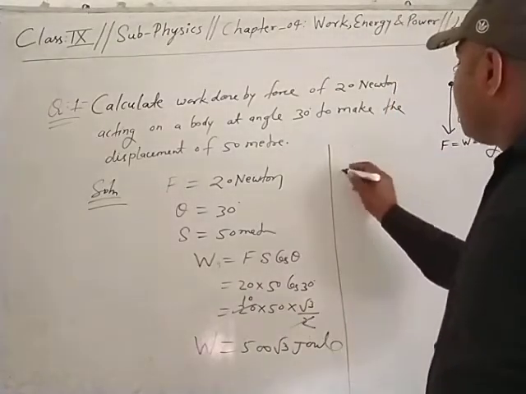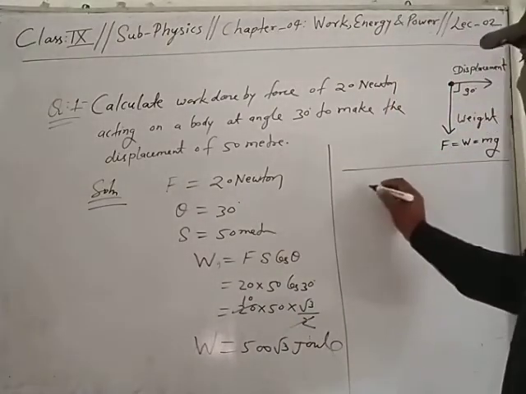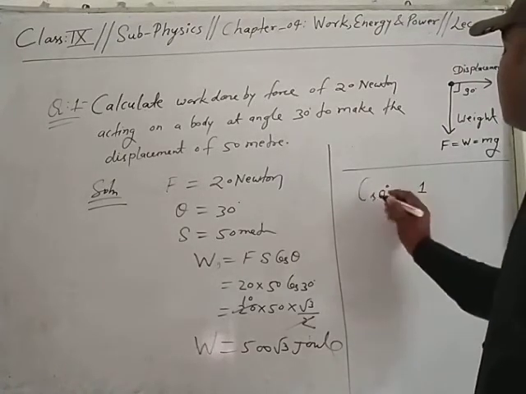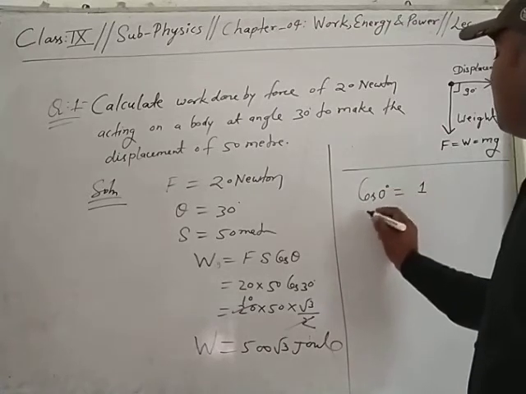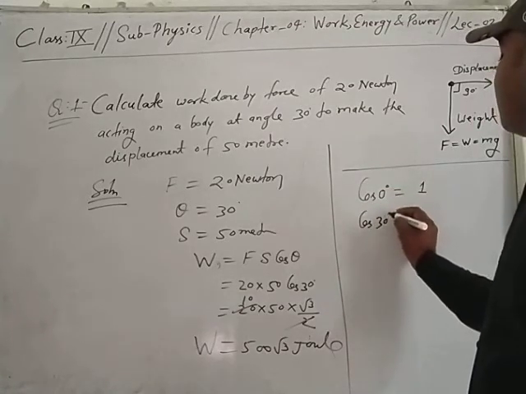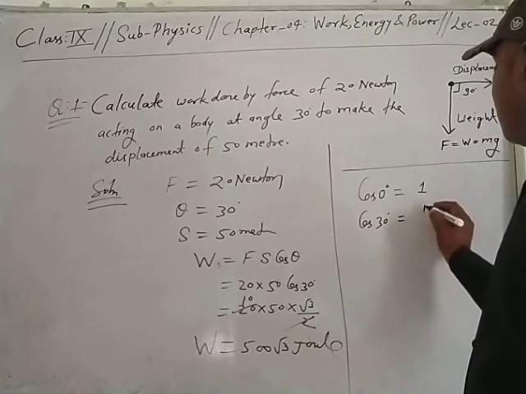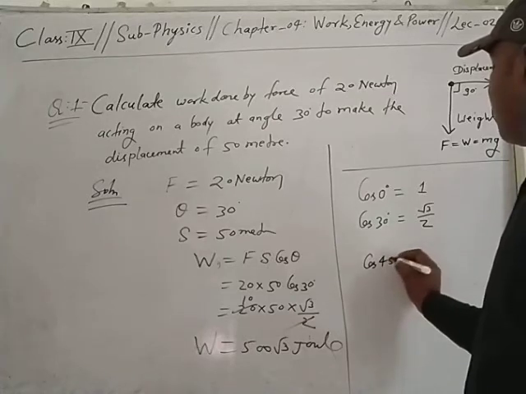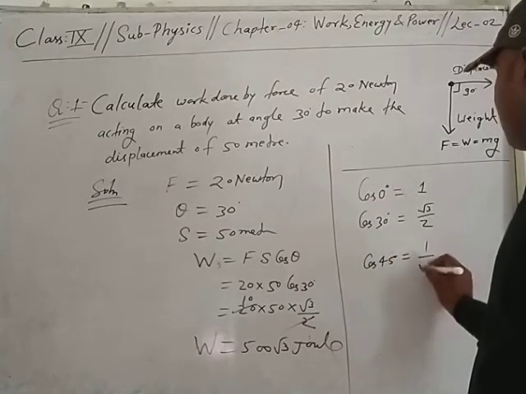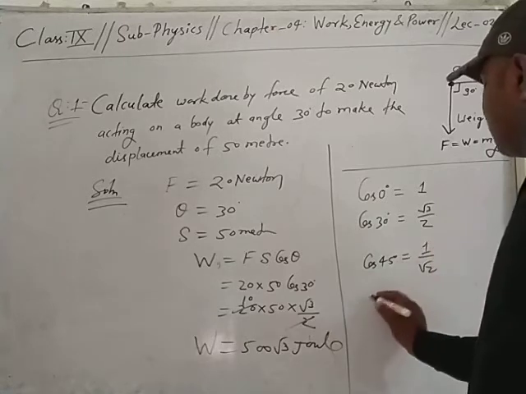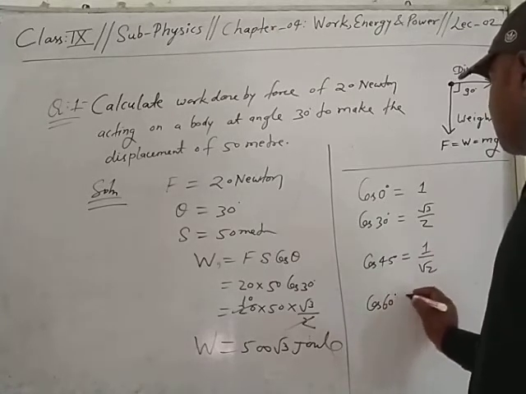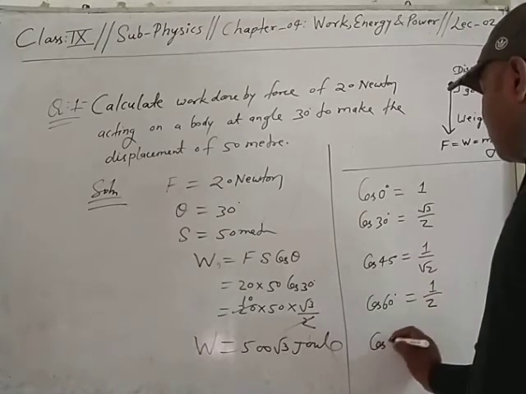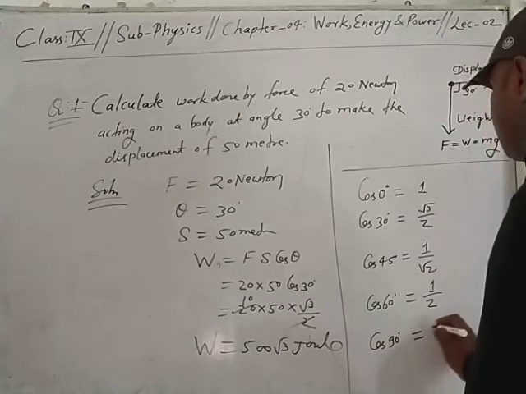Cos 0 degree is equal to 1, cos 30 degree is equal to root 3 by 2, cos 45 degree is equal to 1 upon root 2, cos 60 degree is equal to 1 upon 2, and cos 90 degree is equal to 0.